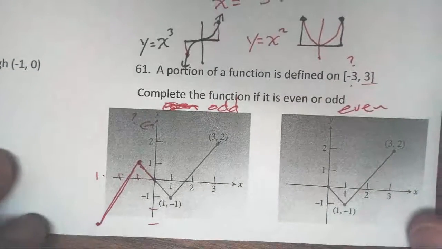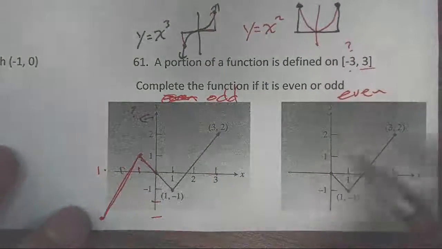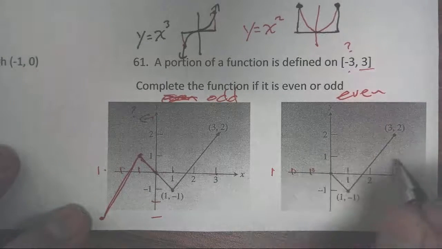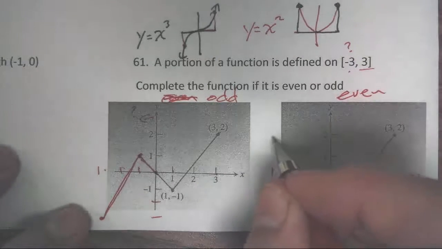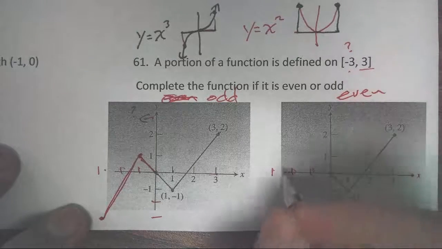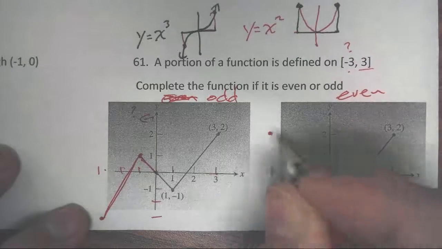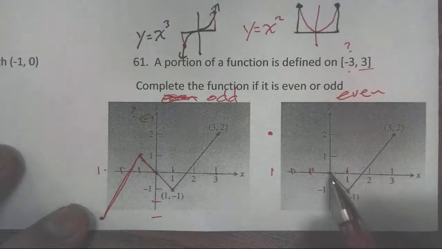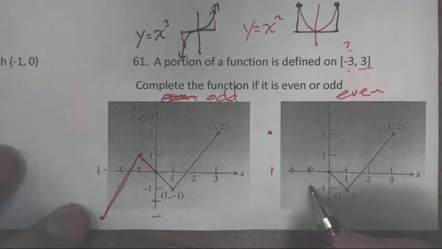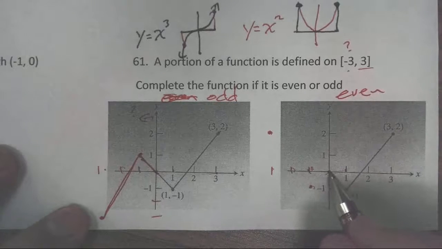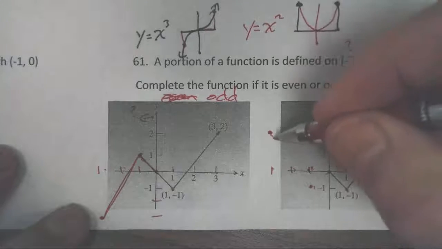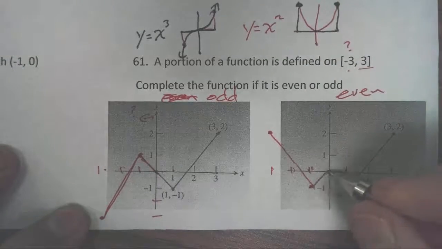Even: the height in both directions is the same. So if my height to the right 3 is up 2, my height to the left 3 should be up 2. If my height to the right 1 is down 1, my height to the left 1 should be down 1. And if my height to the right is up 0, my height to the left should be up 0 as well. And you see the symmetries we get.